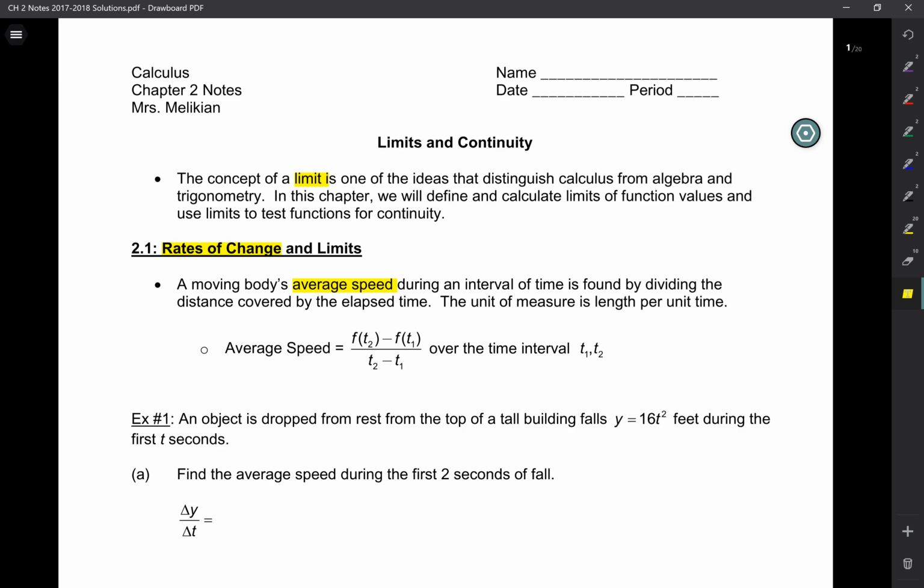So average speed is found by dividing the distance covered by the time it took you to cover that distance. Since we're dividing distance by time, the units are length per unit of time. So for example, miles per hour, feet per second, centimeters per second, and so on.